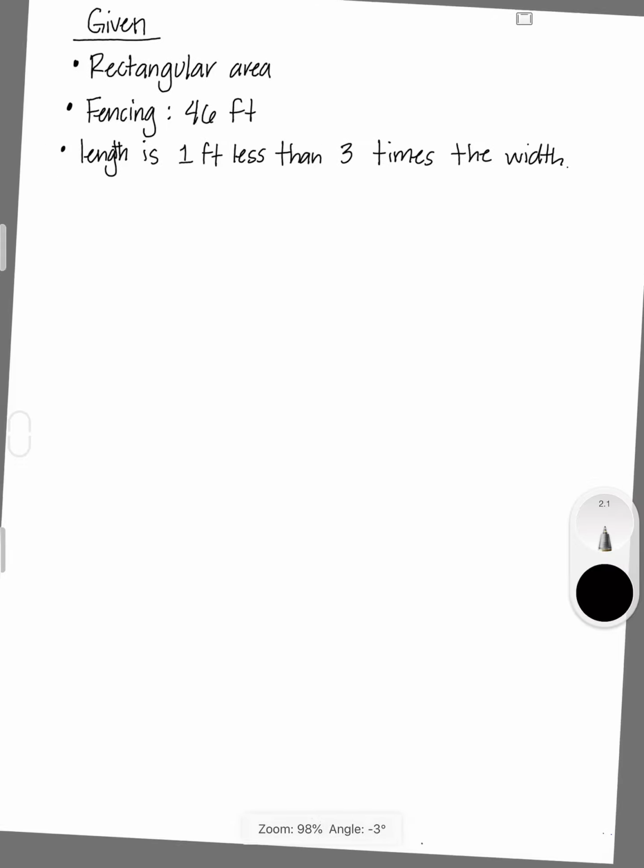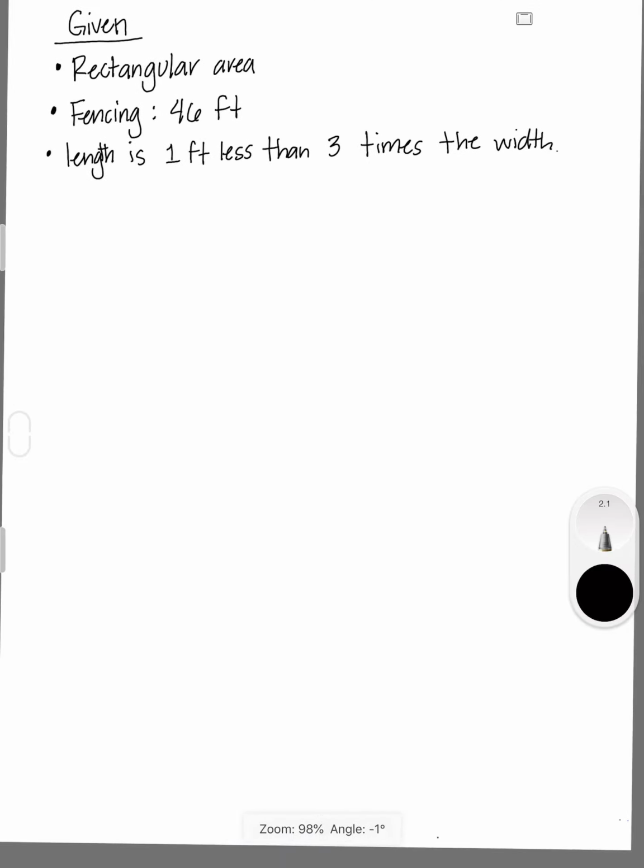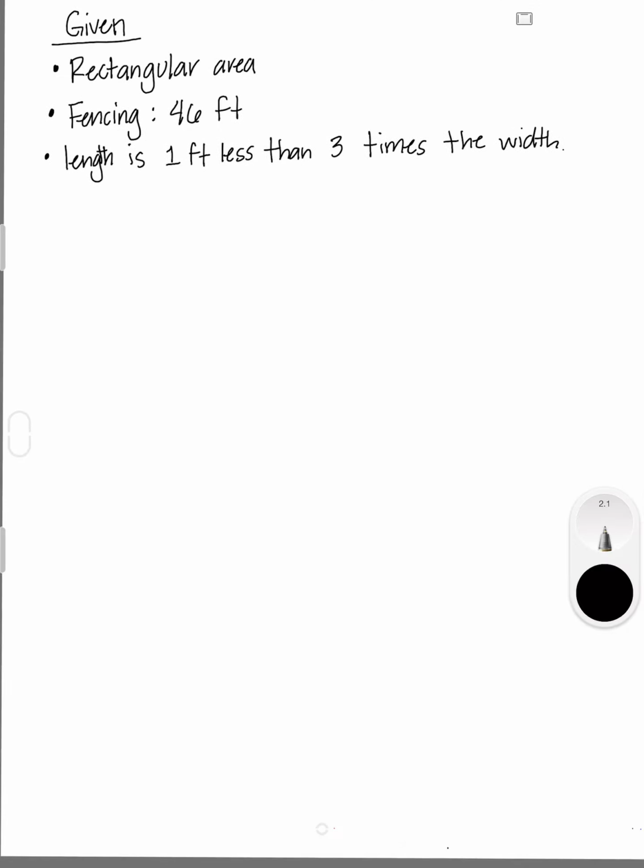So we have a rectangular area. For this, I usually do a drawing. I always tell students that it's easier to do a drawing to have a visual image of what's going on. So here we have the rectangle, let's say the dog run that she wants to build in her backyard. It has a fencing of 46 feet.